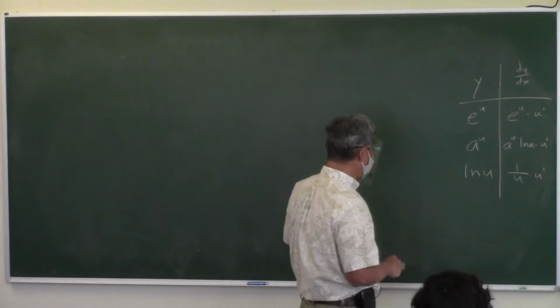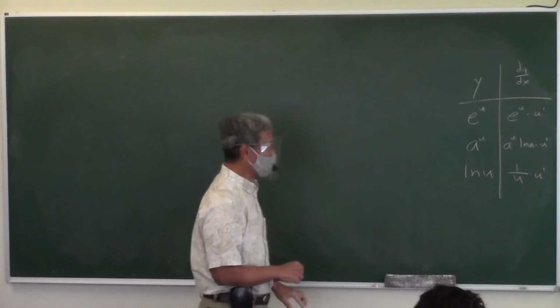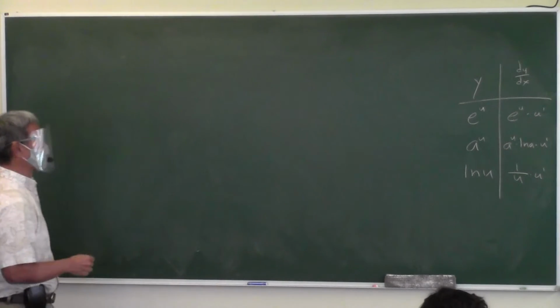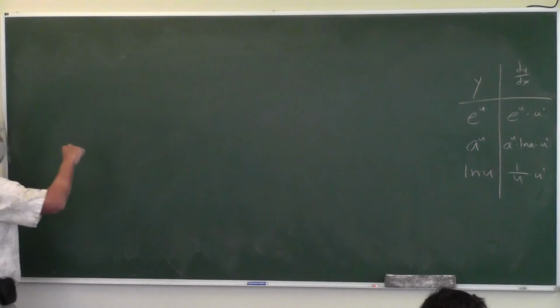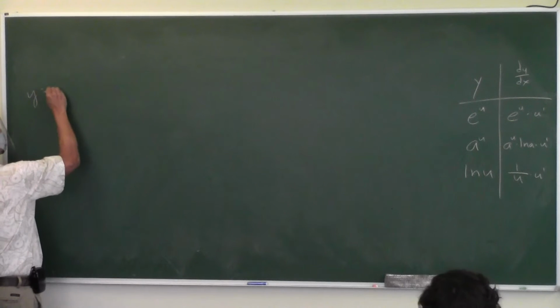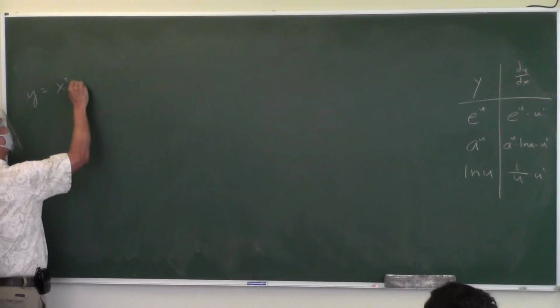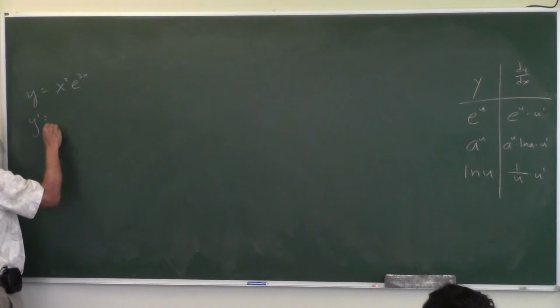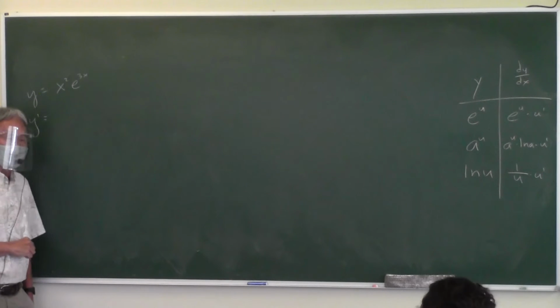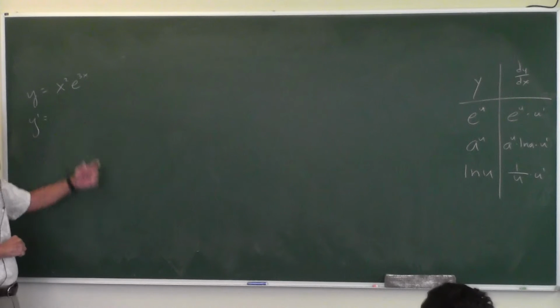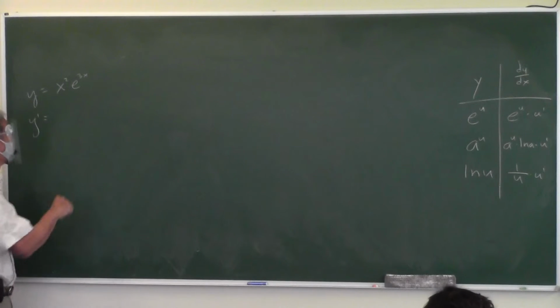Okay, so now you have to learn when to use them. Let's start off easy. y equals x squared e to the 3x. How would you take the derivative of that? Well, I see a product, so use the product rule.